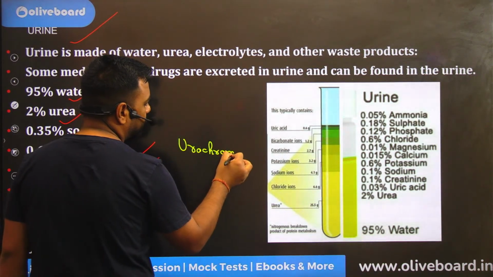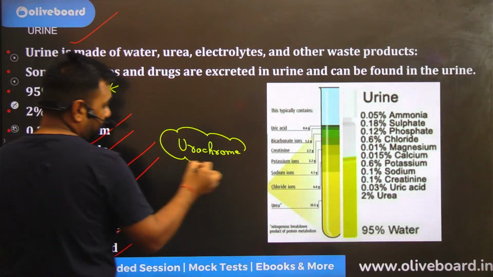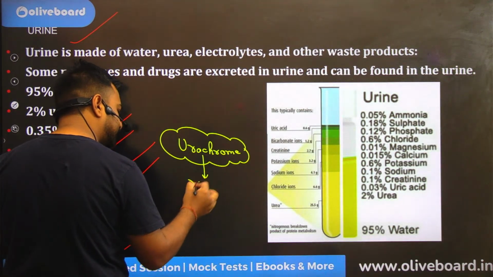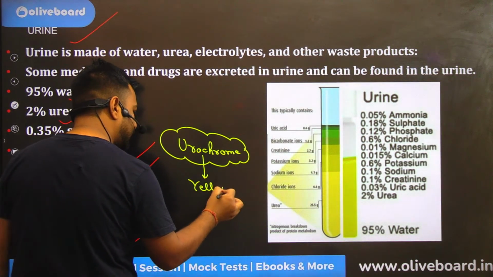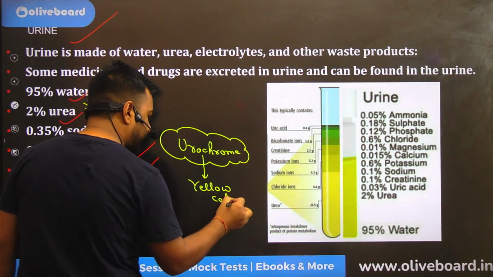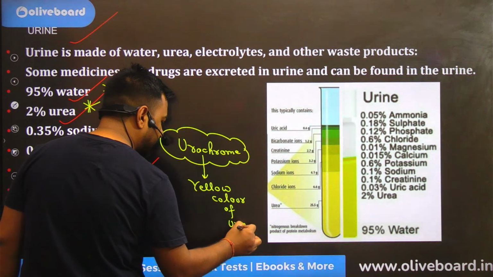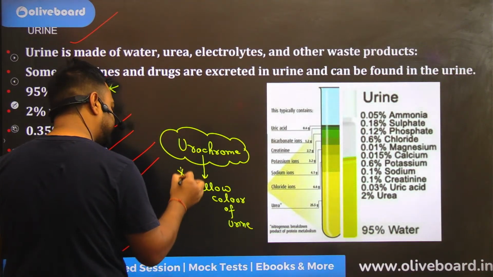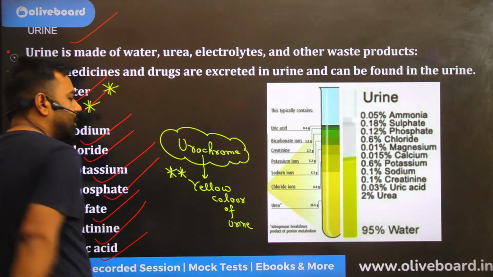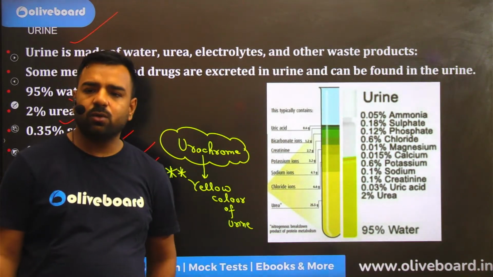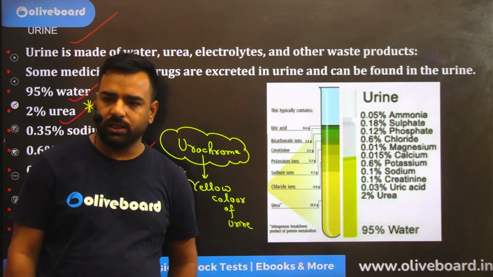Urochrome. So Urochrome is the one that is responsible for the yellow color of urine, right?